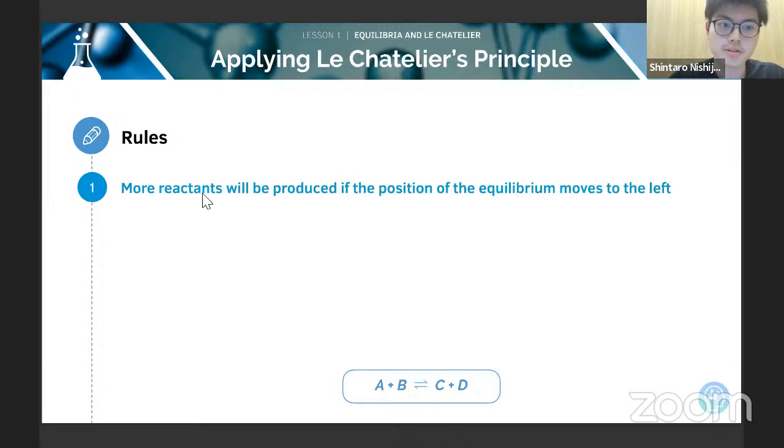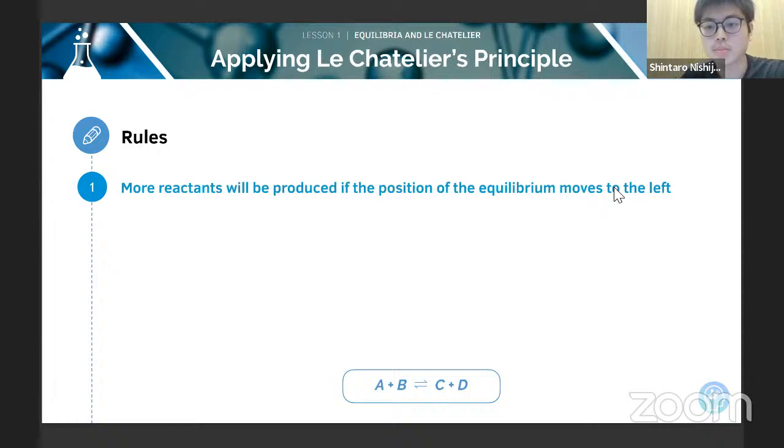Okay, let's go over the general rules. More reactants will be produced if the position of equilibrium moves to the left. This is just terminology. What does it mean when equilibrium moves to the left? If you look at the equation, on the left side we have the reactants, and on the right side we have the products.